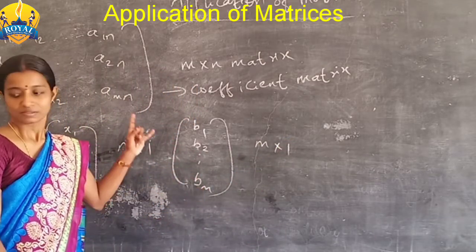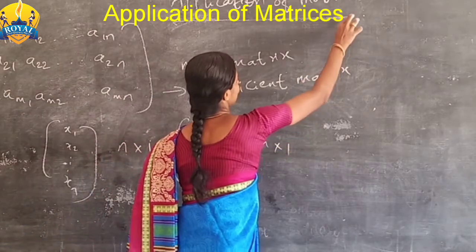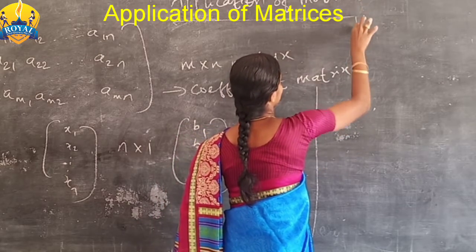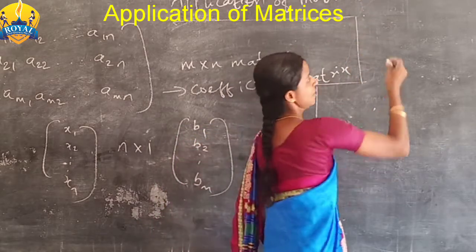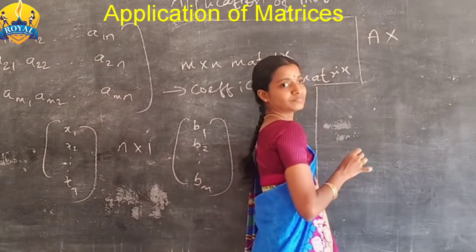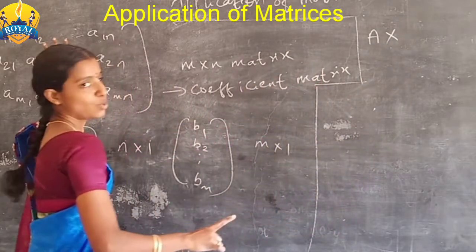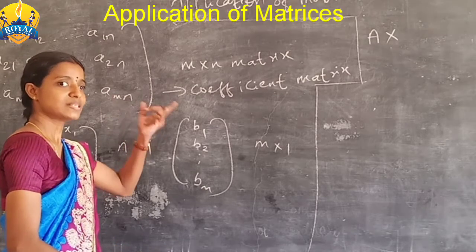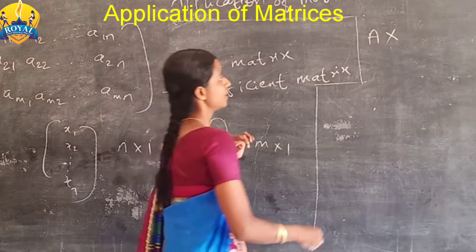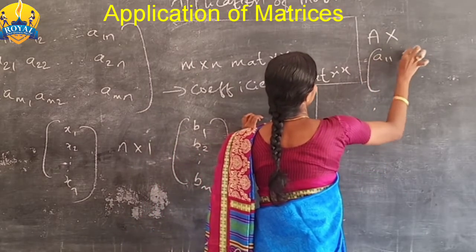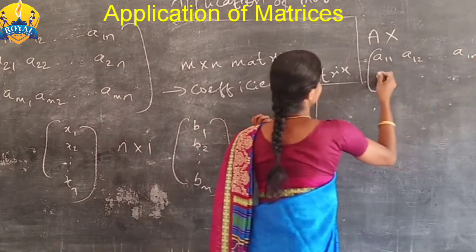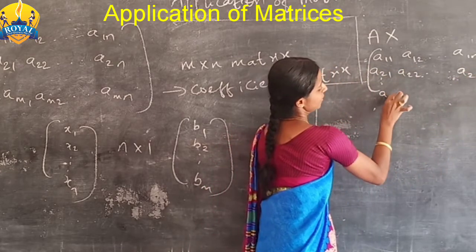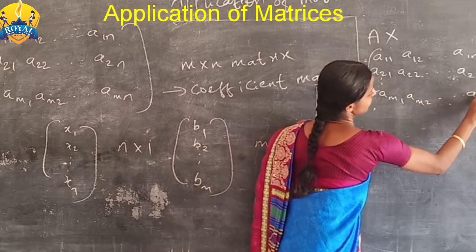With the help of this, I am going to write AX. I am going to multiply this coefficient matrix with the unknown matrix x1, x2, etc. xn, where I again get my system of linear equations. The matrix is a11, a12, etc. a1n, a21, a22, etc. a2n, etc. am1, am2, etc. amn.